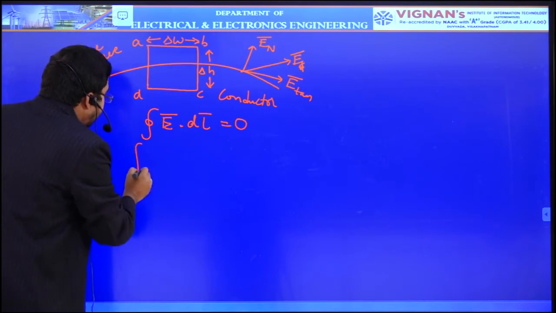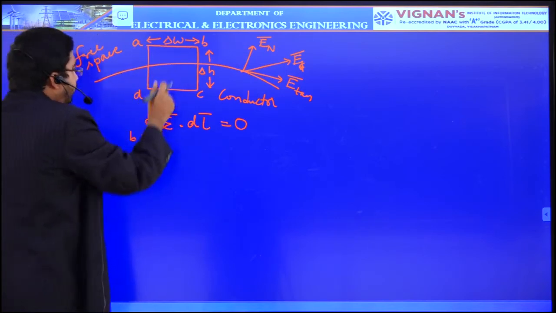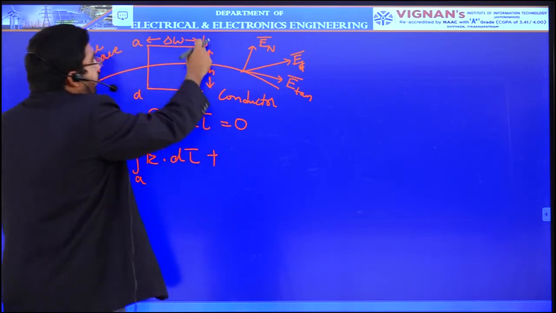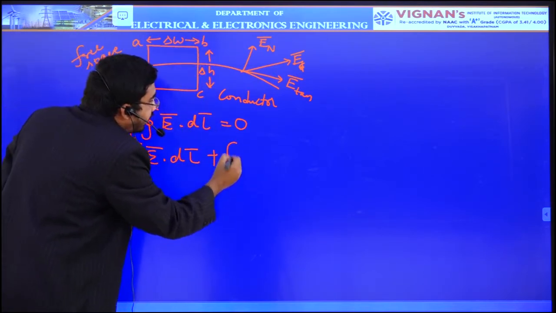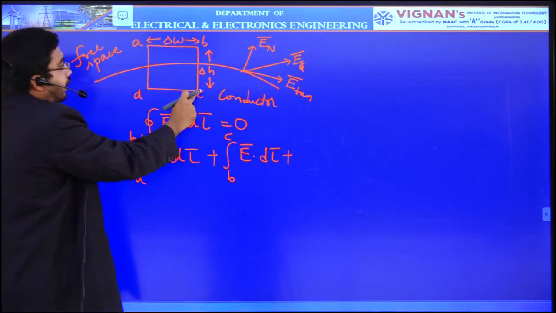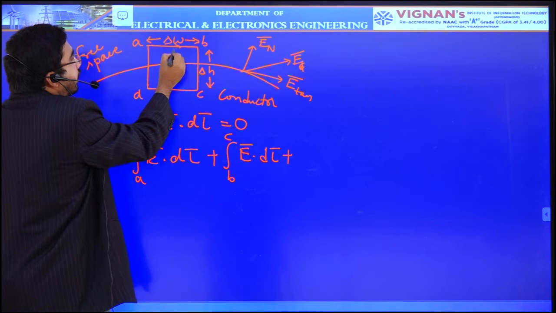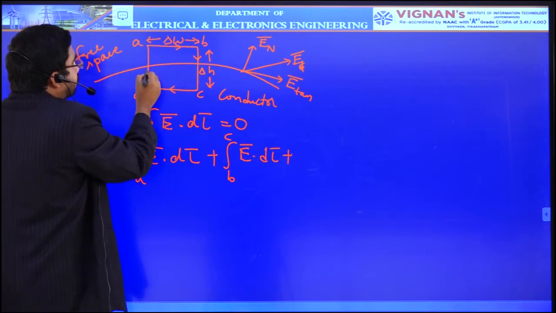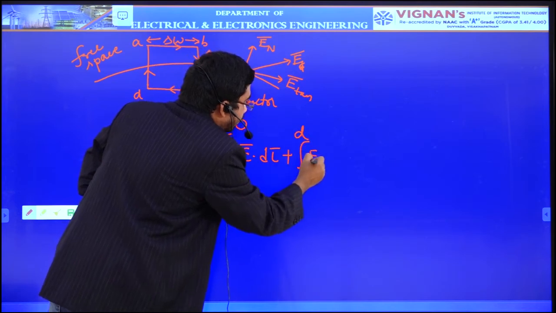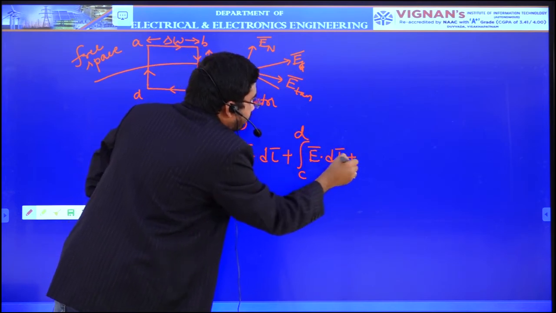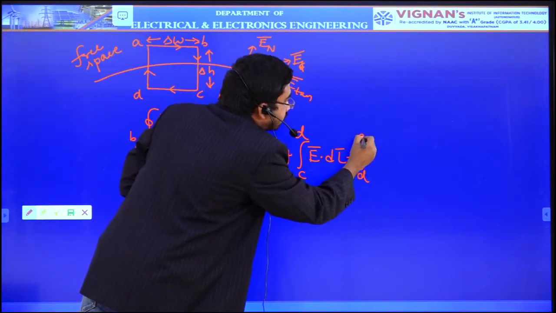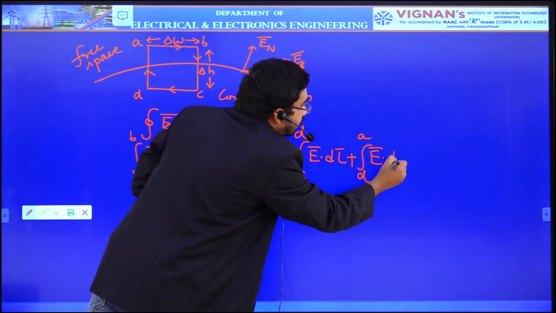Those parts are A to B. First you can consider from A to B, integral E bar dot dl bar, plus B to C, integral B to C E bar dot dl bar, plus integral C to D, considering the direction like this, integral C to D E bar dot dl bar, plus D to A, integral D to A E bar dot dl bar.